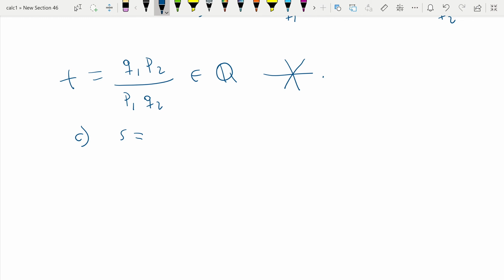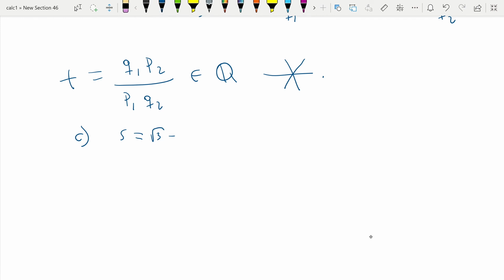But suppose that you pick, say, the square root of 3 minus the square root of 2.